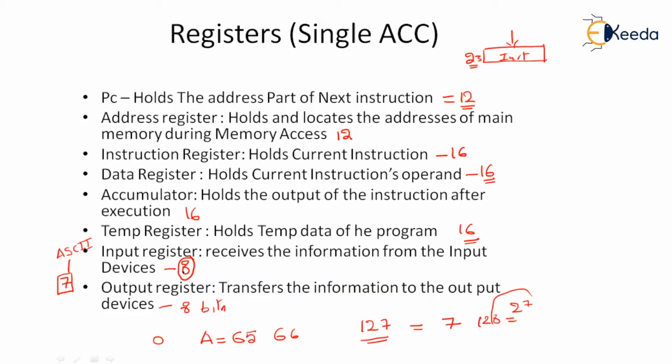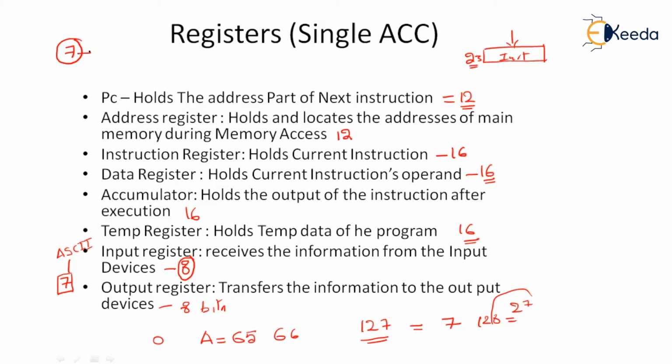Once again, the size of the input register and the size of the output register must be equal to the size of an ASCII character, because by using these two registers, communication with the peripheral devices will be established. Only ASCII characters will be sent and received through the input register and output register. One ASCII character size is equal to 7 digits, but there is no 7-digit format in the computer system.